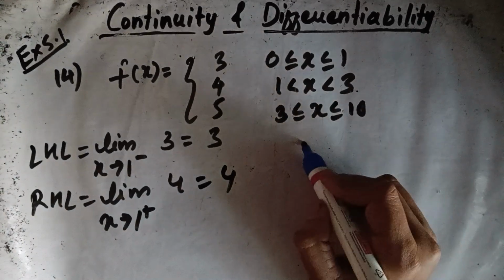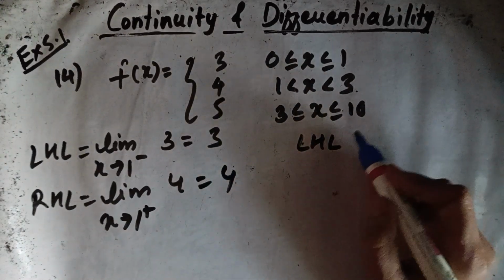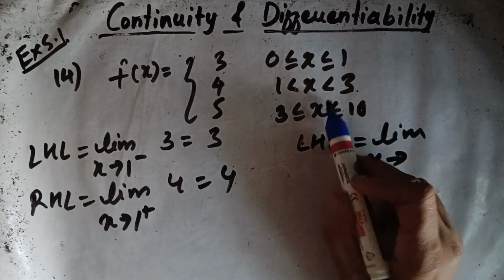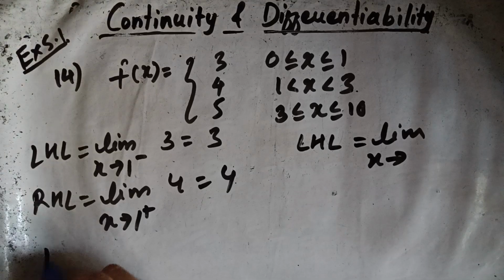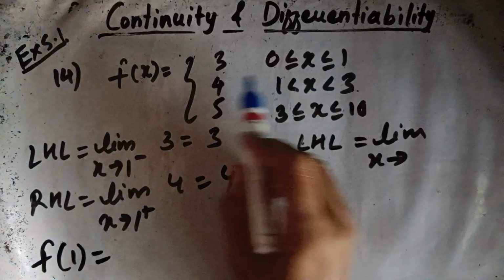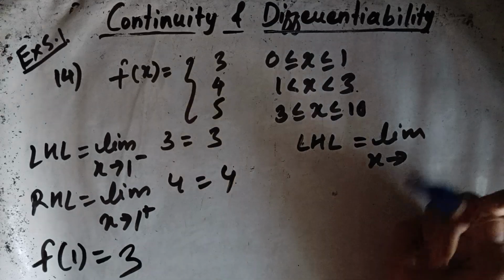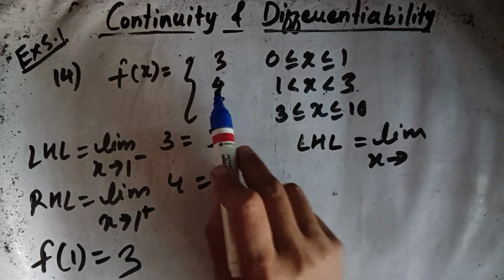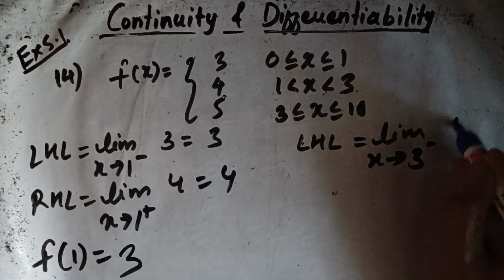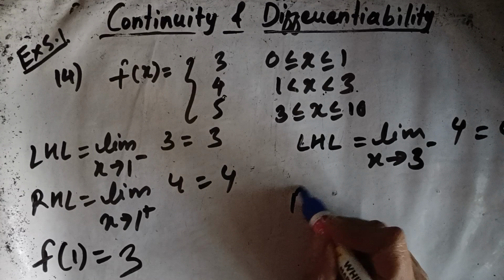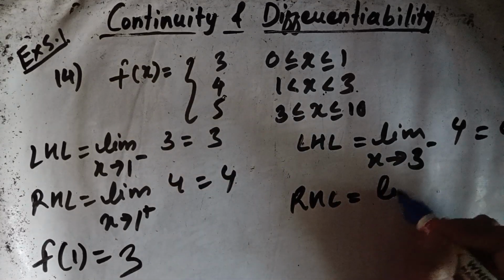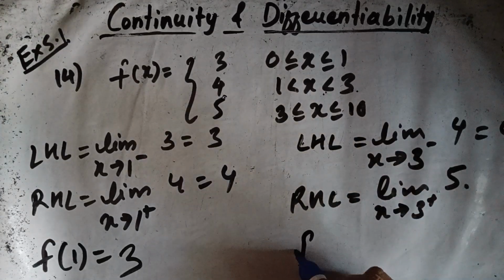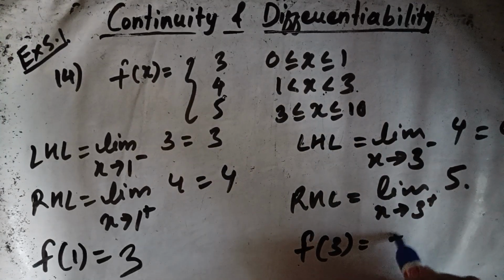Now if you take LHL at x equal to 3, with x less than 3, you have to take again 4. RHL as x tends to 3 plus, you have to take 5, and at f of 3 it is 5.